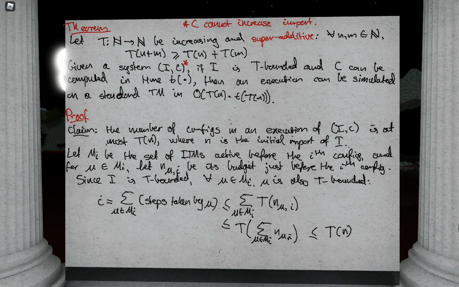So we've shown that the number of steps we've taken is less than or equal to t of n, and now all we have to do is describe how we're going to simulate the execution.